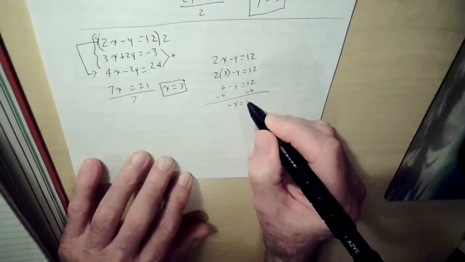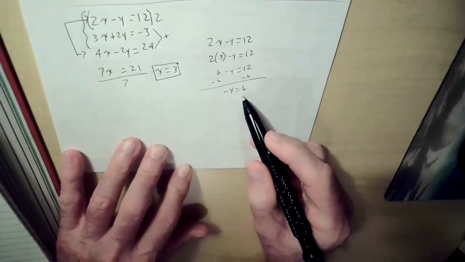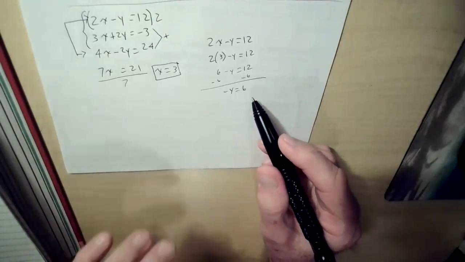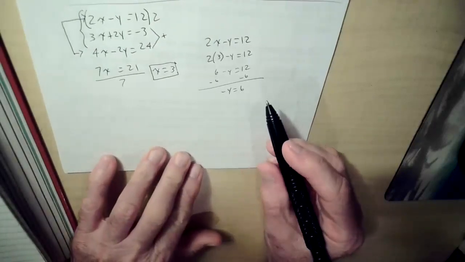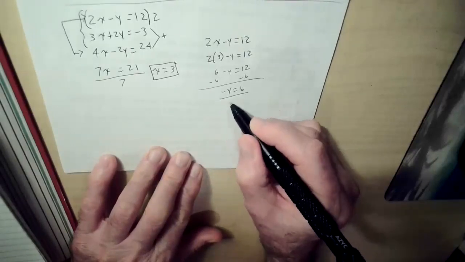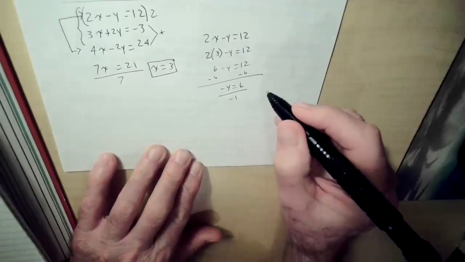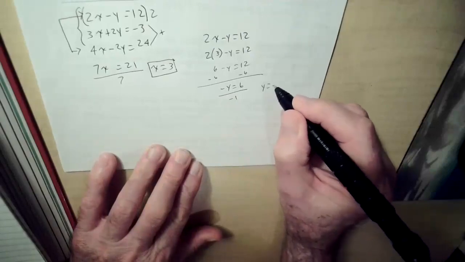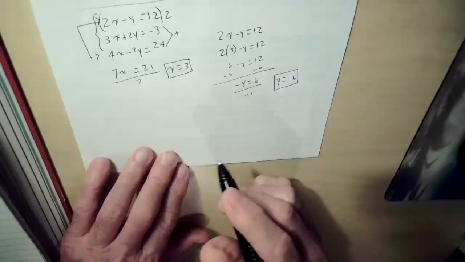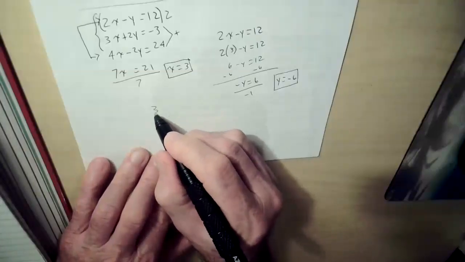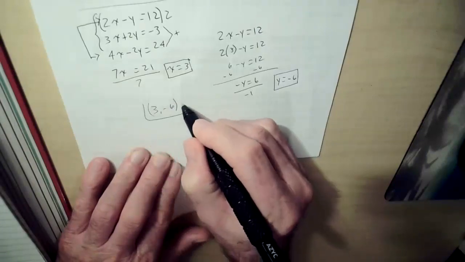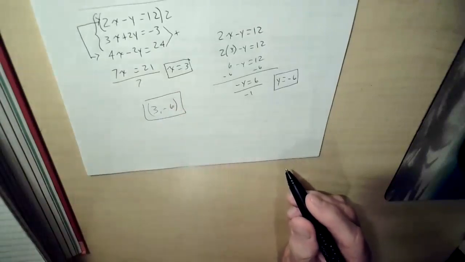Subtract 6 from each side. Negative y equals 6. We don't want to know what negative y is. We want to know what positive y is. What we're going to do is either multiply or divide, doesn't make any difference here, by negative 1. Divide by negative 1. So then y is negative 6. So then our solution is 3 comma negative 6.